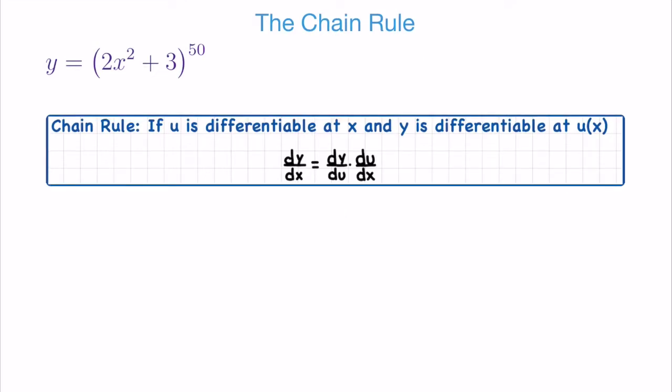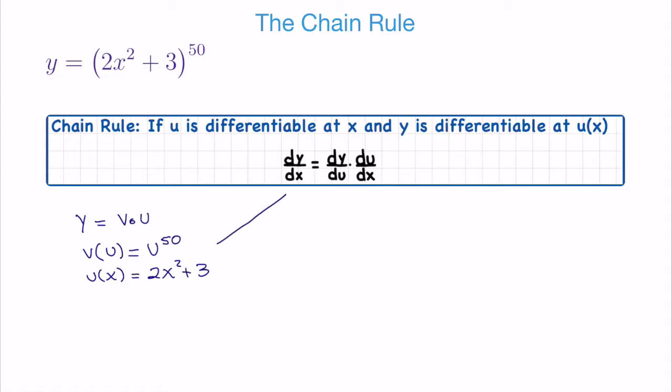In this example, we can view y as the composition of two functions. We can write y as v composed with u, where v as a function of u is the outer function, u to the 50th power, and then u as a function of x is just 2x squared plus 3.